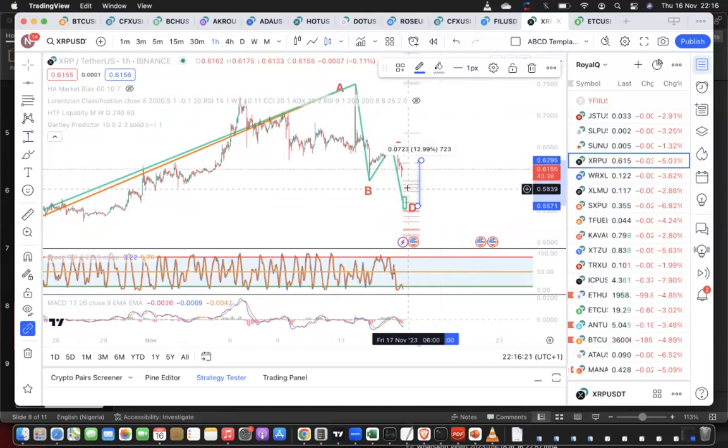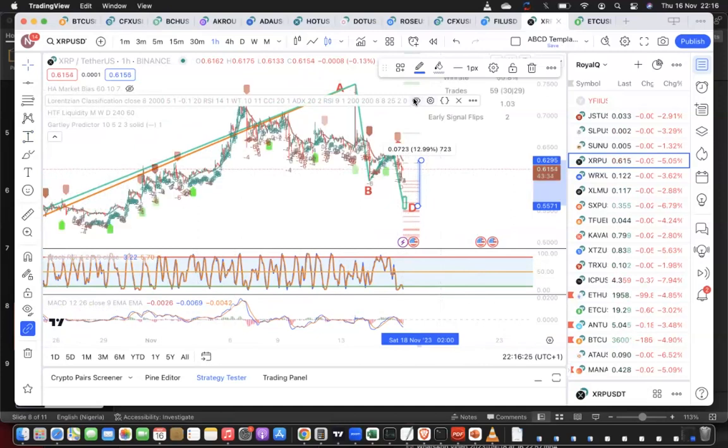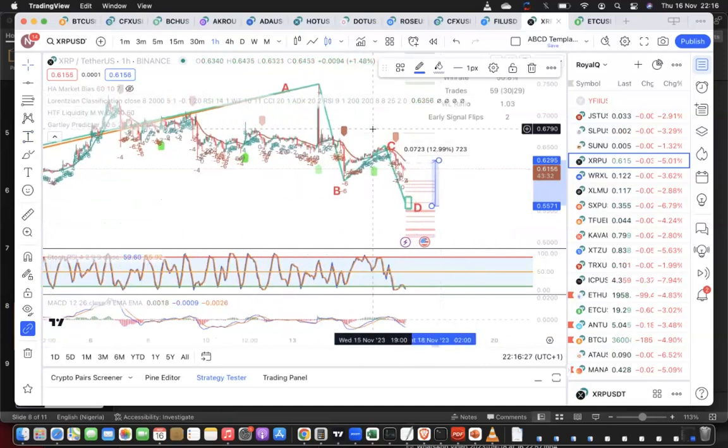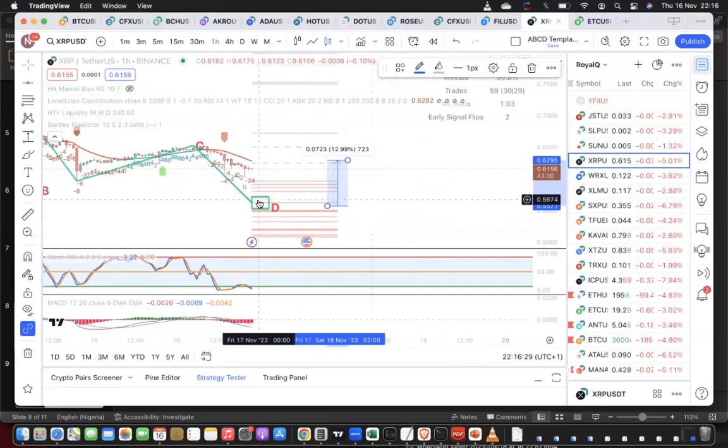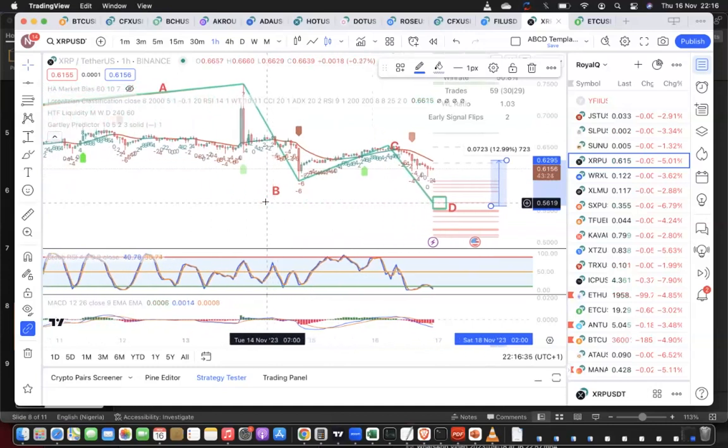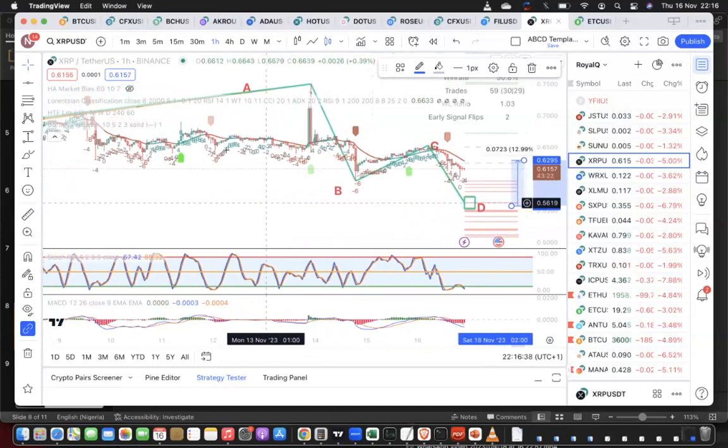But whenever it's here, I can decide to combine it with my Lorentzian classification. If I see my Lorentzian classification at any point tell me to head up here once I see this D, this is another way to trade Gartley. So we said this is point A, and it's still heading down.